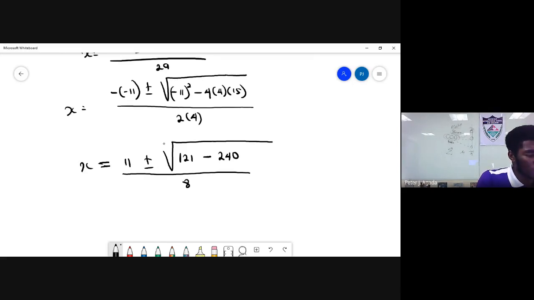So as you can see, this is a negative value under the root. That means my equation here is most likely to have no real root.